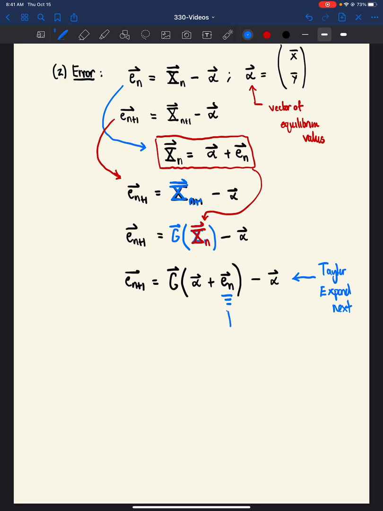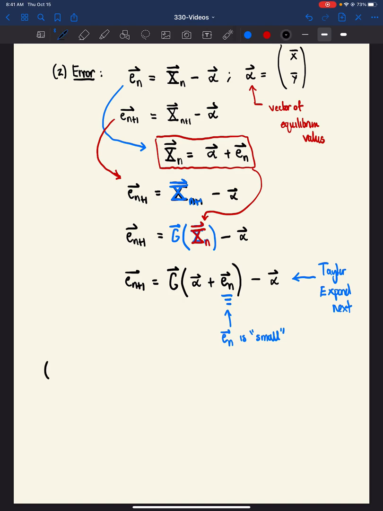So again, just to remind us, we assume that E sub n is small. So all of the components of E sub n we're assuming are small, very much in the same way we assume that the error term for a single discrete equation was small. This is where we get to pull in the tools of rigorous real analysis to actually help us out here, where we start defining epsilon neighborhoods around the equilibrium point and so on.